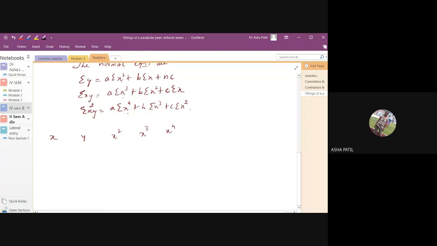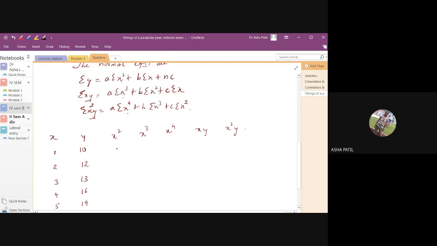Then again we want xy and x square y. So these are the values we need. Now let us write the values of x here: 1, 2, 3, 4, 5. Then values of y: 10, 12, 13, 16, and 19.